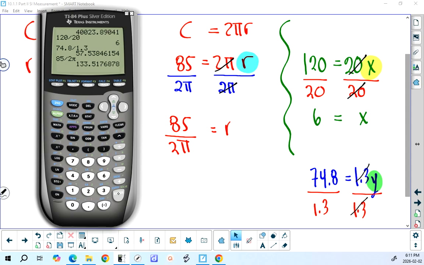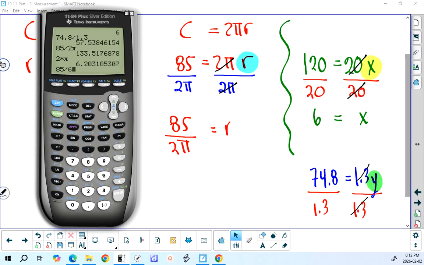And I can demonstrate to you that it's not, because if I take 2 times pi, let's just see what 2 times pi is. It's a little bit more than 6. And if I take 85 divided by that answer, I'm going to explain how you can use your calculator more efficiently when we are together one-on-one.